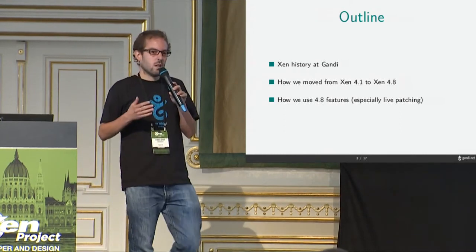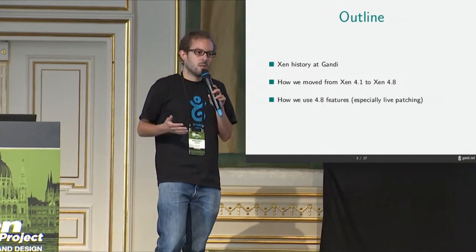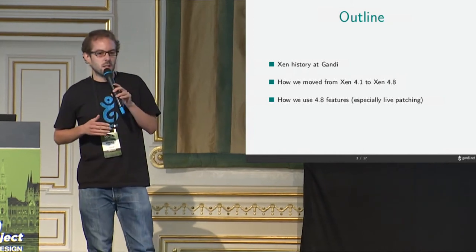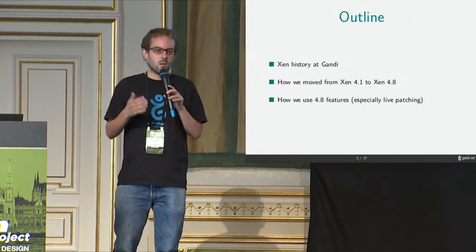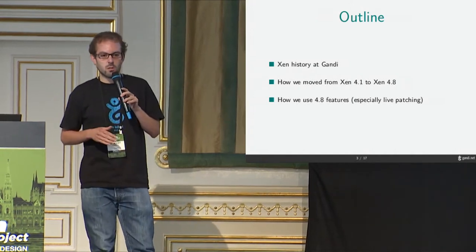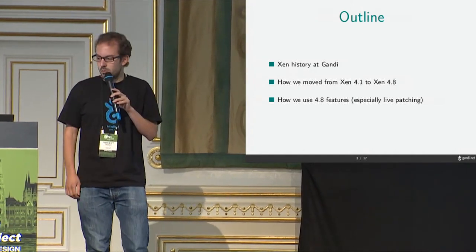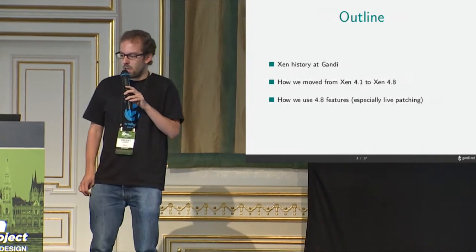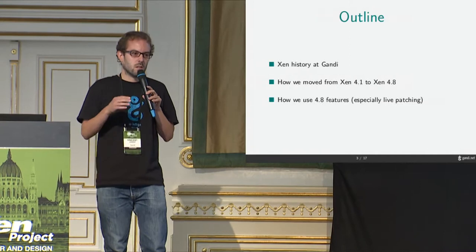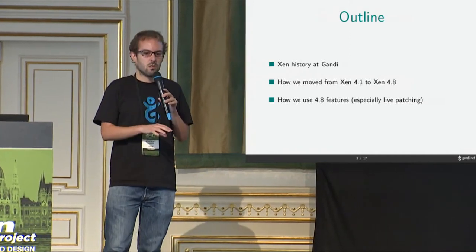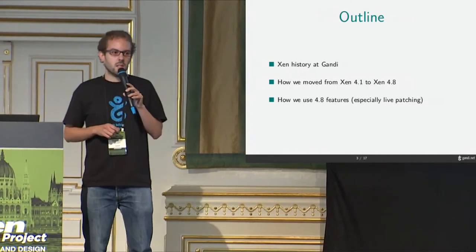So in this talk, I'm going to talk a little bit about the history of Xen at Gandi. We've been using Xen since 2008. What are the different versions we used and how we did the upgrade up to Xen 4.8 now. Then I'm going to talk specifically about how we did the upgrade from Xen 4.1 to Xen 4.8.